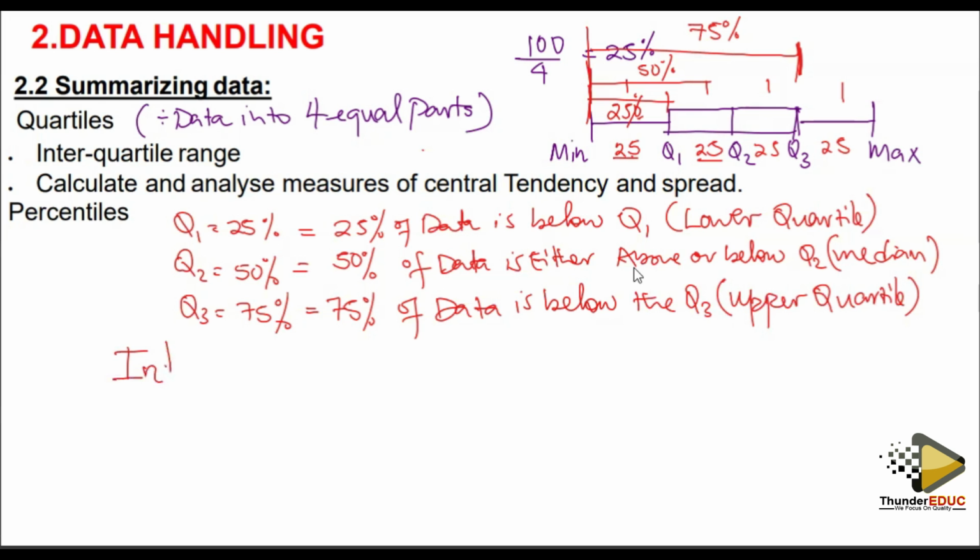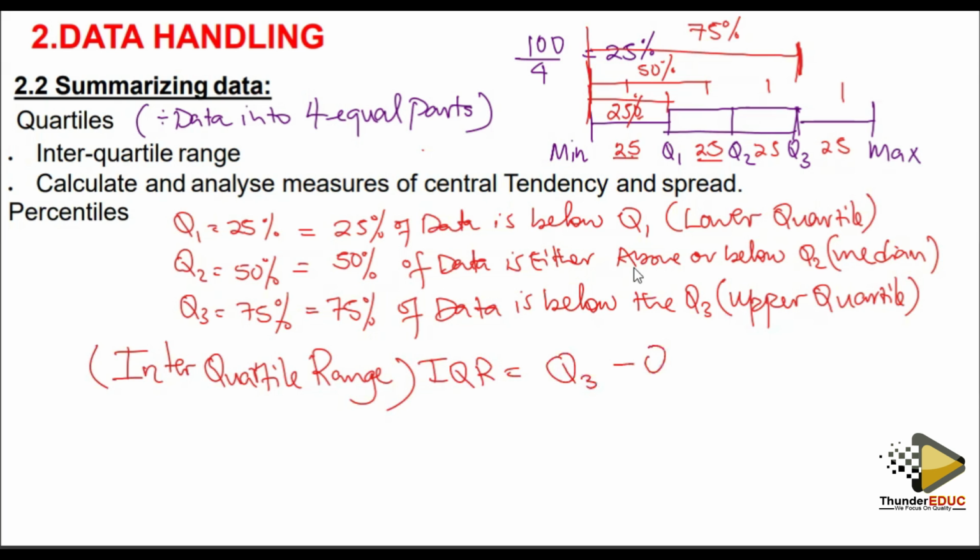Interquartile range, also abbreviated as the IQR. You need to have the upper quartile minus the lower quartile for you to determine the interquartile range.